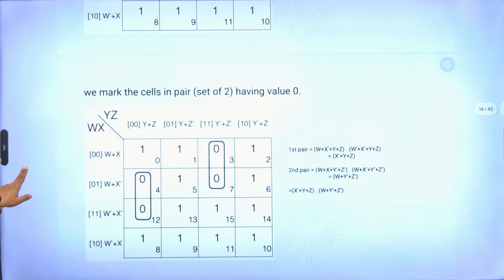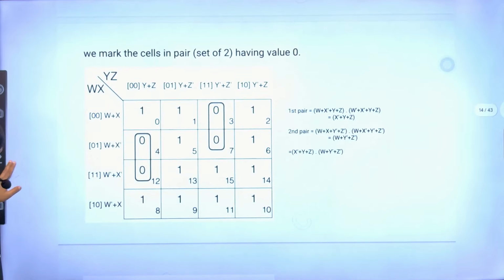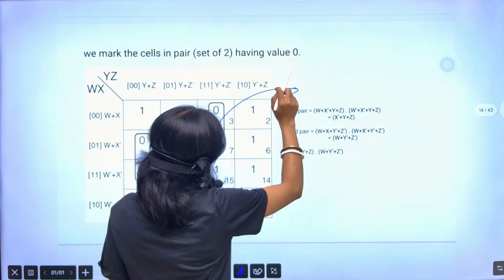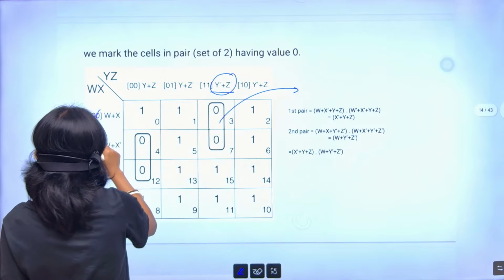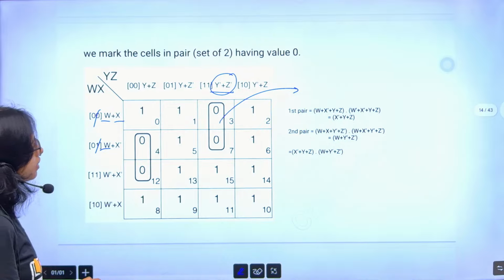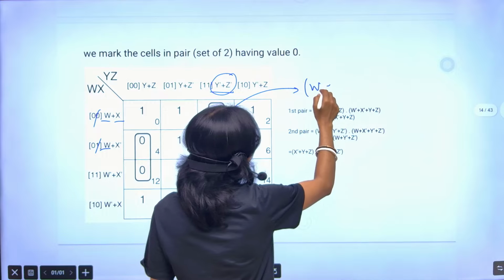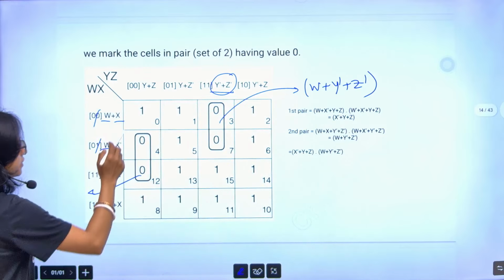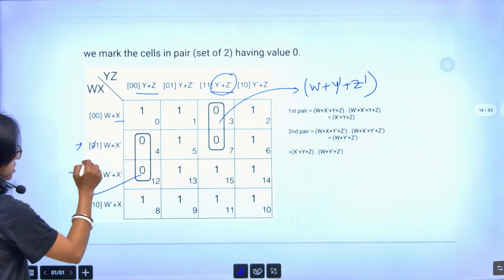Sorry, here I made a mistake. Here it will be W plus, from the first pair, from this one you are getting y bar plus z bar, and 0 1 cancel means it is W. So from here you are getting W plus y bar plus z bar, and from this one you will get y plus z, and from this one, 0 1 cancel.